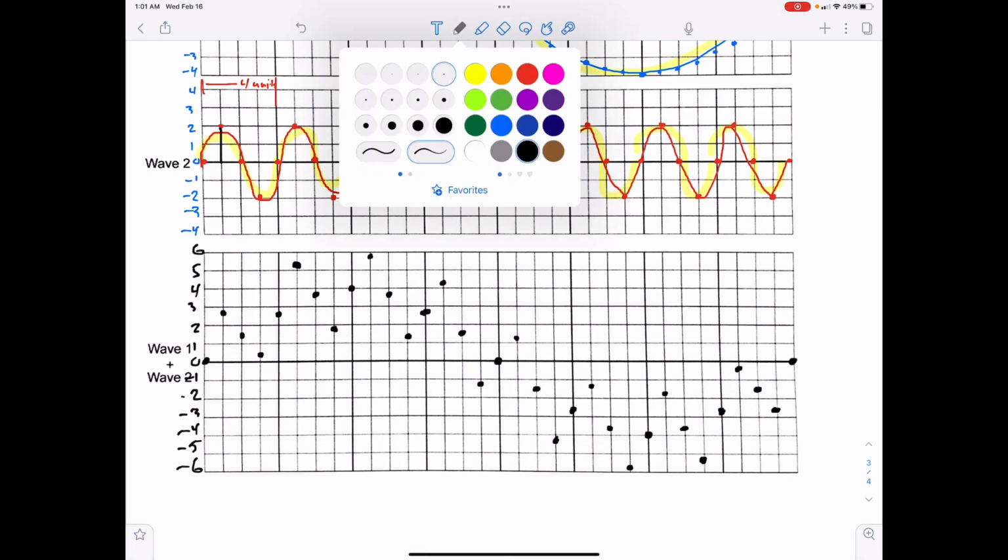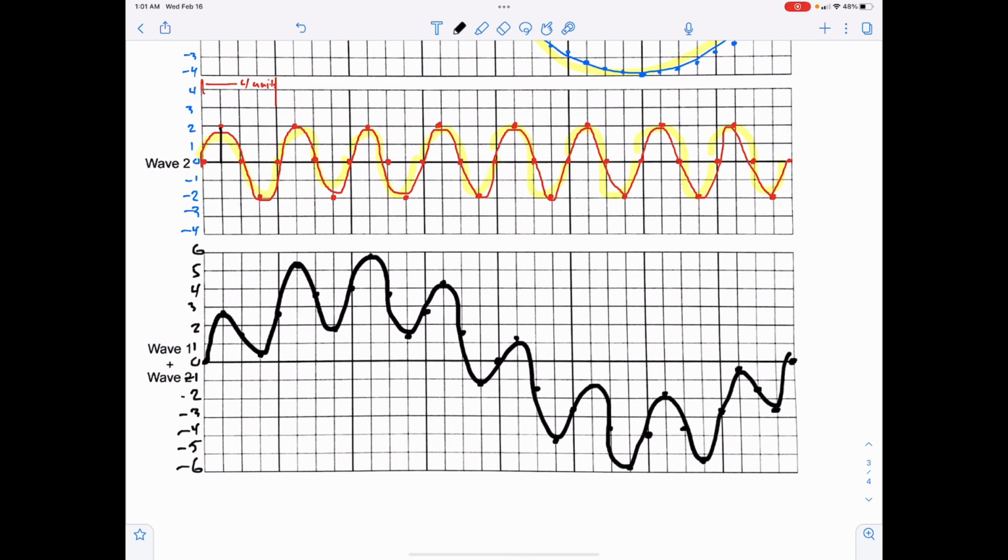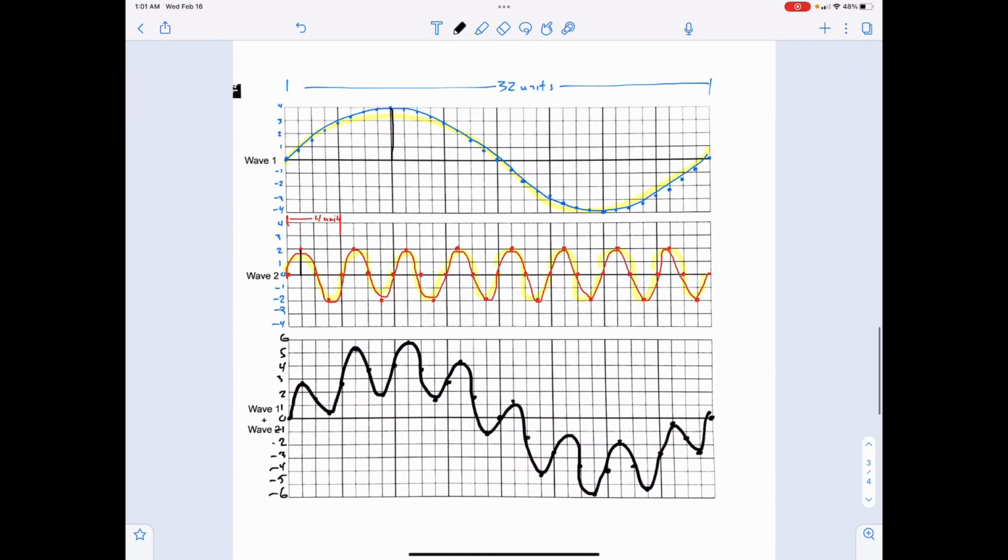So what is this one going to look like? Well, it's going to look like this. Up, down, up, down, up, down, up. And so here's what you end up with.